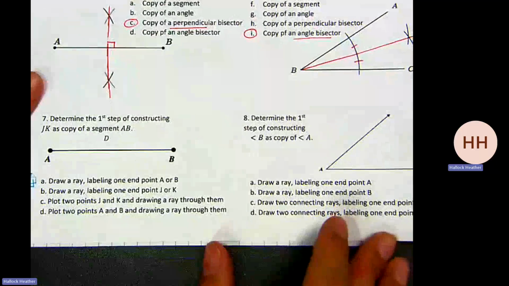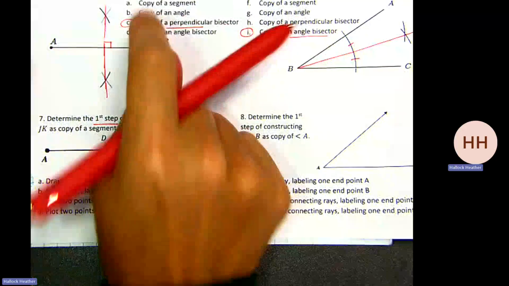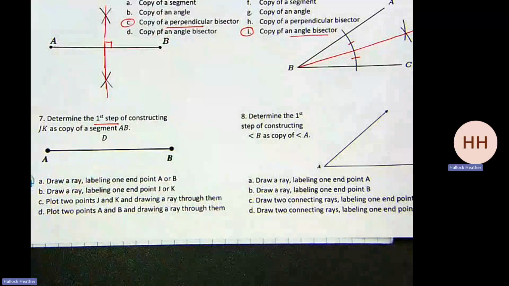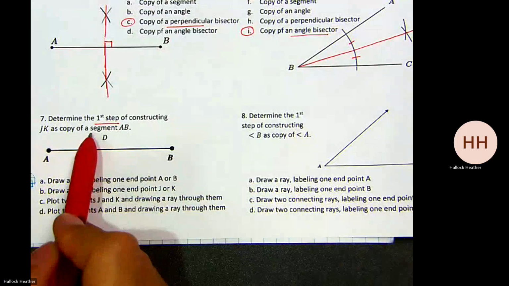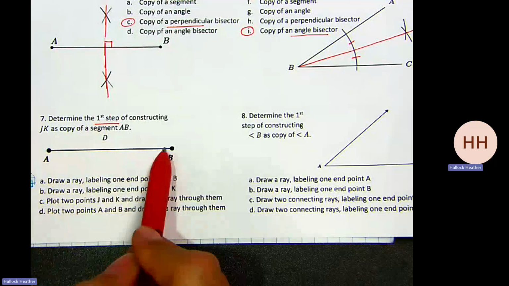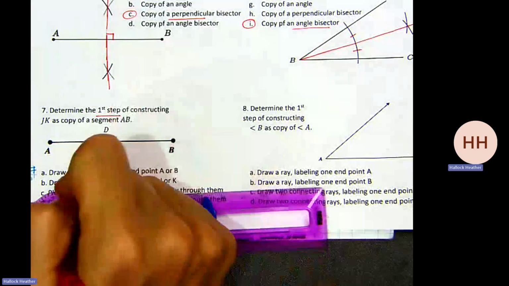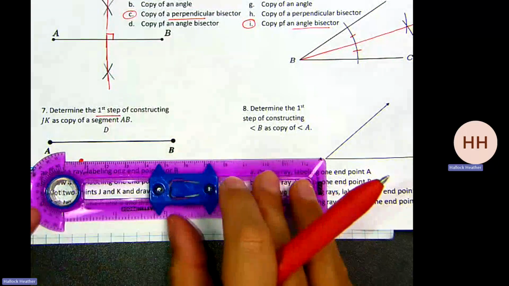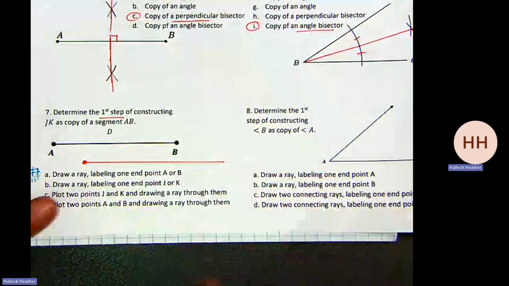For the next one, it says determine the first step. They can only ask you the first step or what's actually being constructed for construction. So the first step to constructing JK as a copy of segment AB. So you're trying to make a copy of this segment. The first thing that you would have to do is draw a point, and then I would draw a line going out from this point.